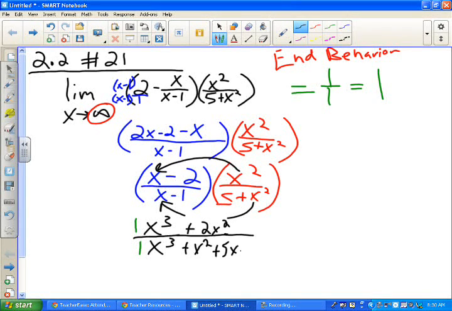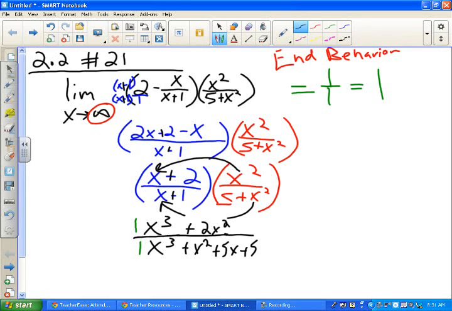The reason we don't really care about the x squareds, in other words, if I FOIL everything all the way through, those are insignificant. When you take infinity and cube it, it's going to be a bigger infinity than infinity squared. So any squared term, any x to the first power or constant are somewhat insignificant. Our ratio of the leading coefficients, 1 over 1, is basically where we're going to be at as far as the end behavior goes graphically.